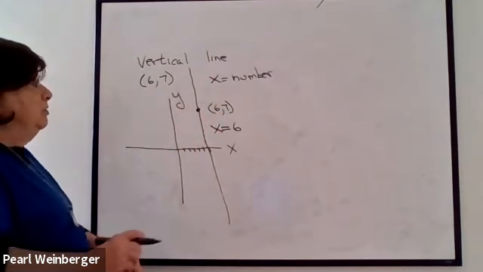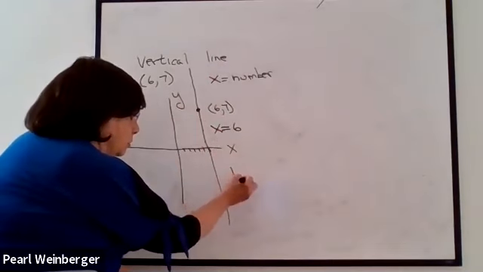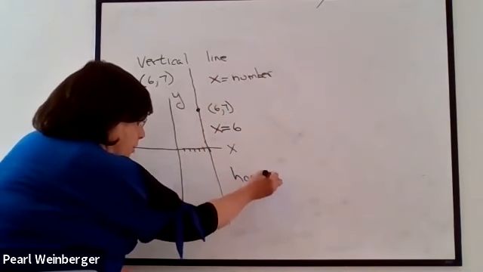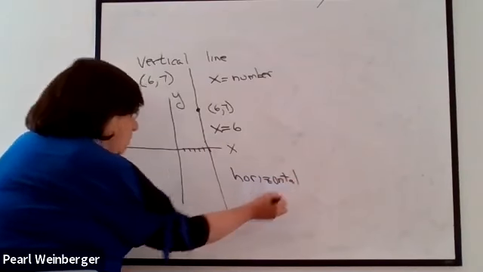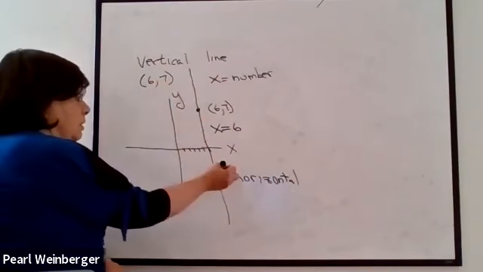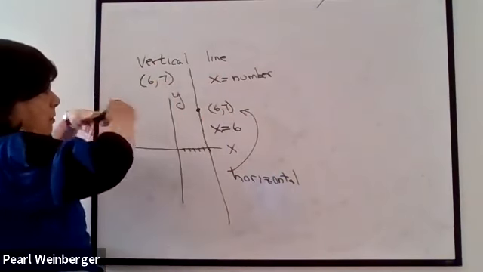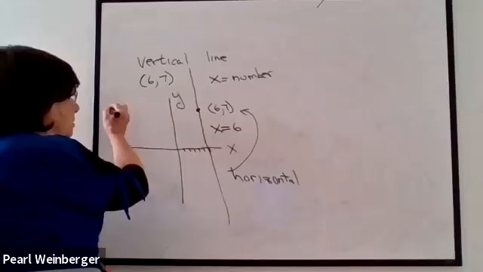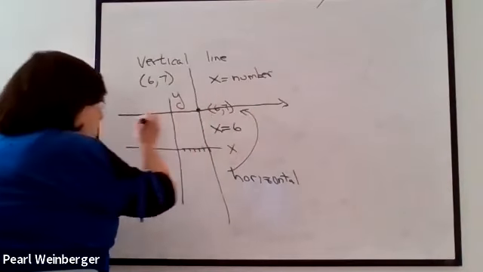If I had asked you for a horizontal line through that point, okay, this one was vertical. Let's say we're on a horizontal line. Now, a horizontal line doesn't go up and down, it goes side to side. Here's my horizontal line.